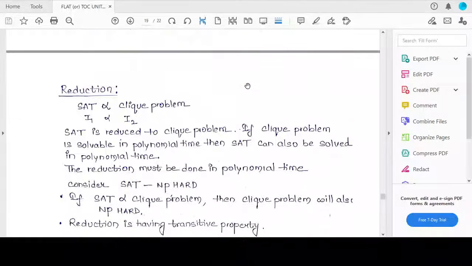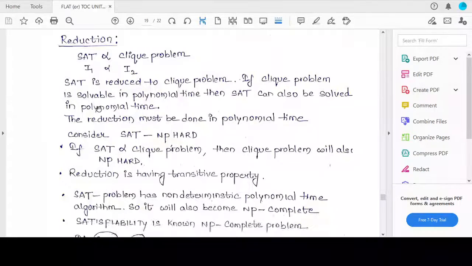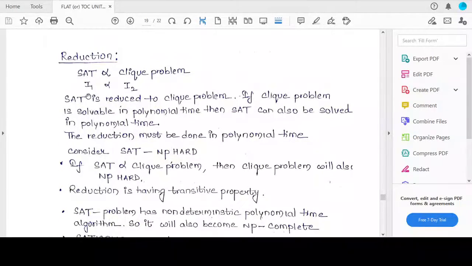Okay, so let me explain with one example here. So here I am using the concept of reduction. Here I have taken the satisfiability problem. So as I explained, the satisfiability problem is considered an NP hard problem, and the clique problem is something like a harder problem, right? So what I can do here is I can reduce this satisfiability problem to the clique problem.